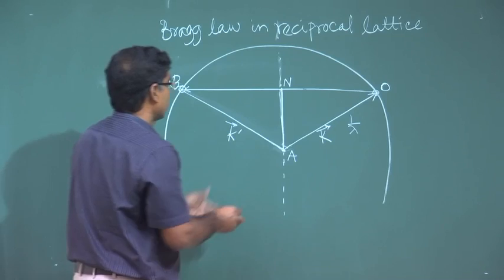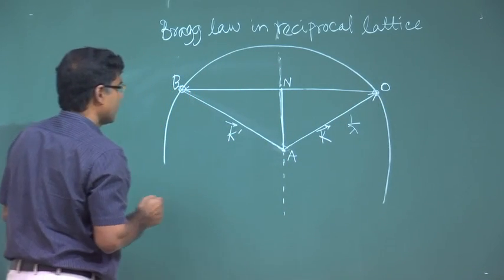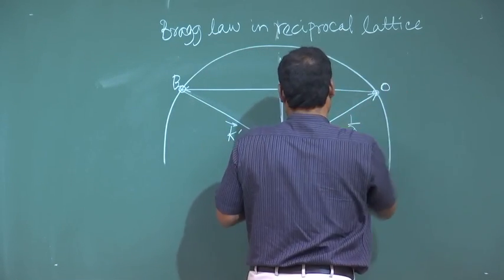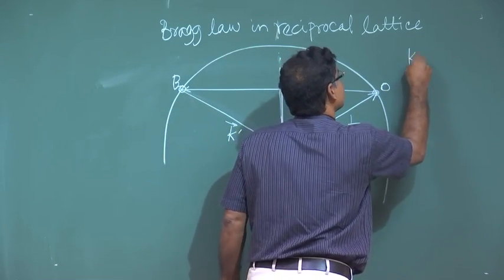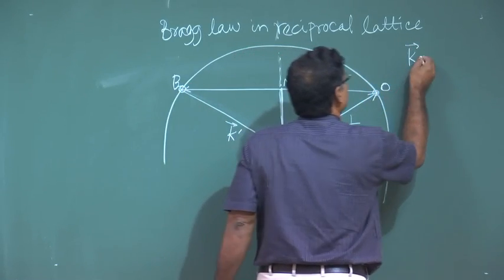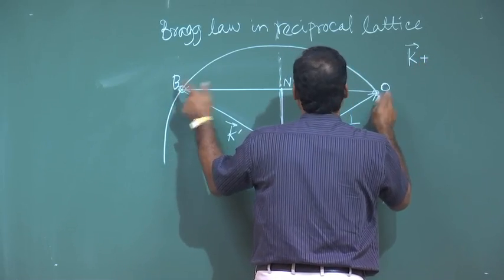So, from the vectorial rule we can write k plus OB.